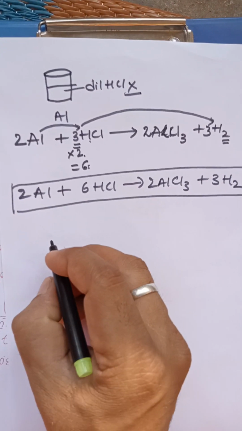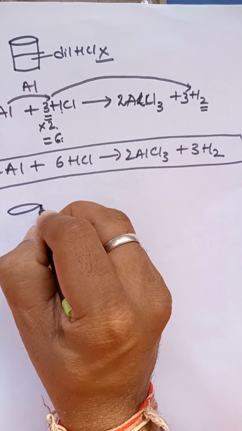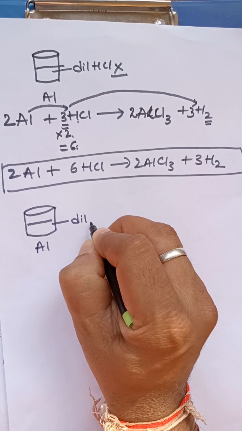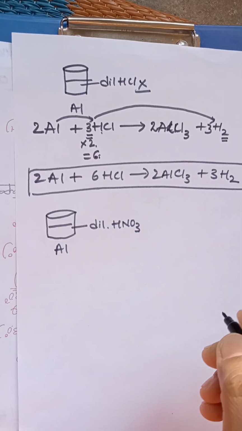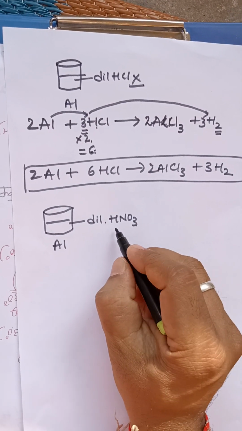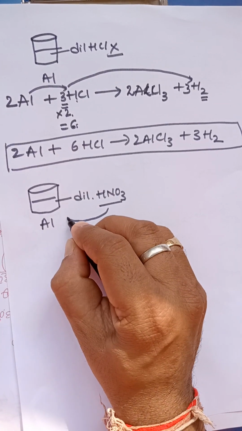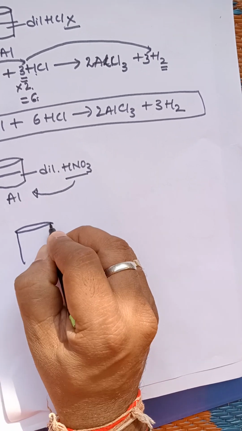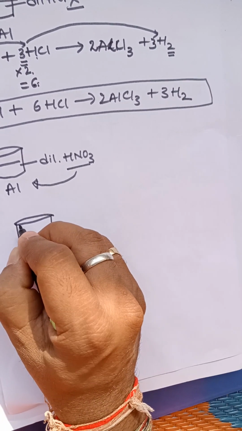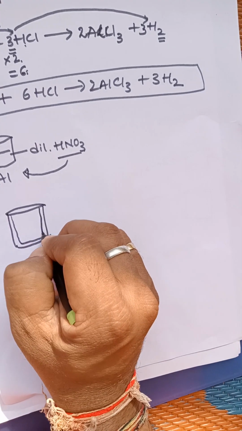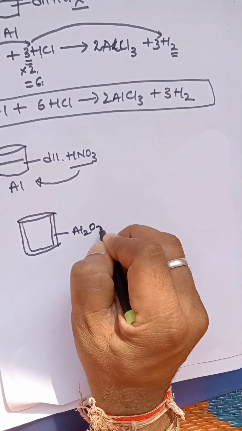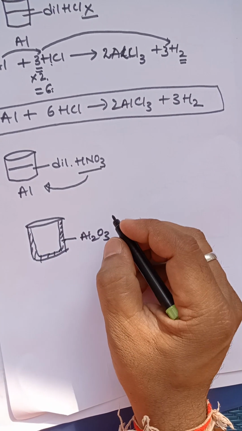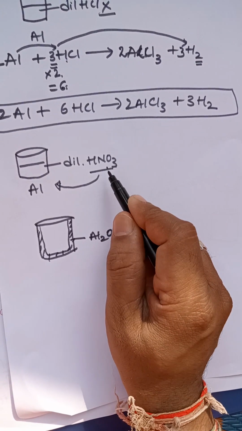Next one is storing or keeping the dilute nitric acid in aluminium container. Can we do this? As I said before, nitric acid is a very good oxidizing agent, and it will oxidize aluminium, and therefore a thin layer of aluminium oxide gets formed, because nitric acid is a very good oxidizing agent.